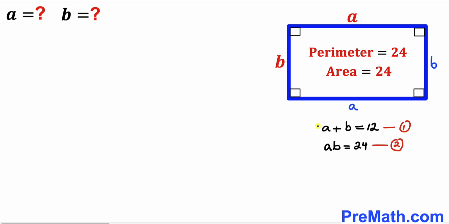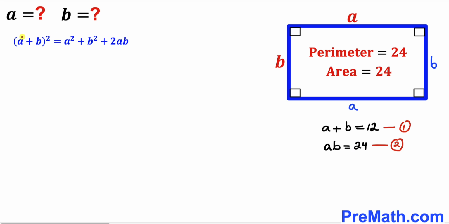So we end up with these two equations, equation 1 and equation 2. We are going to solve for lowercase a and lowercase b values. Now let's recall this famous identity: a plus b whole square can be written as a square plus b square plus 2 times ab. We know our a plus b value is 12 from equation 1, and our a times b value is 24 from equation 2.